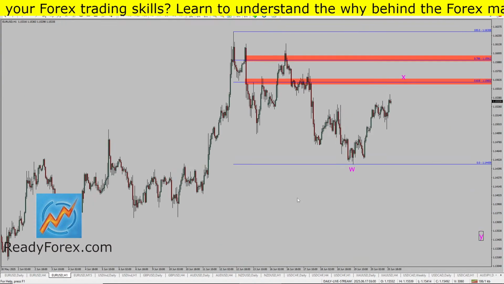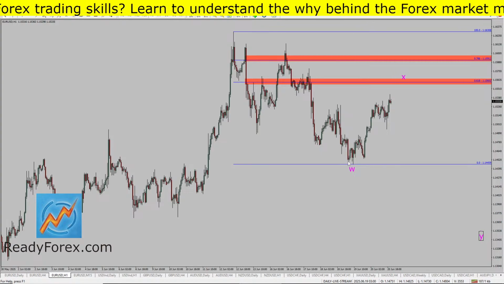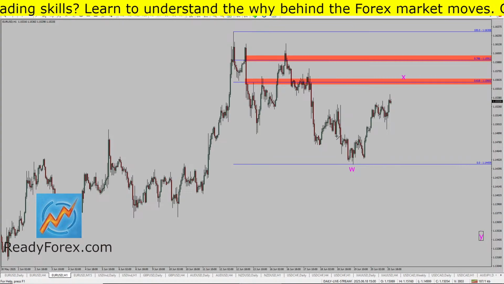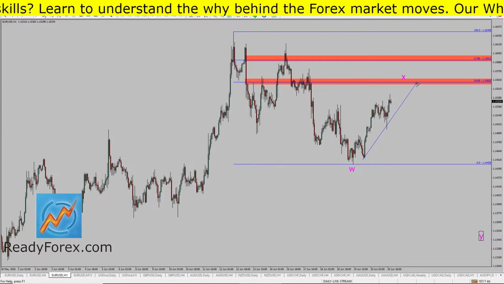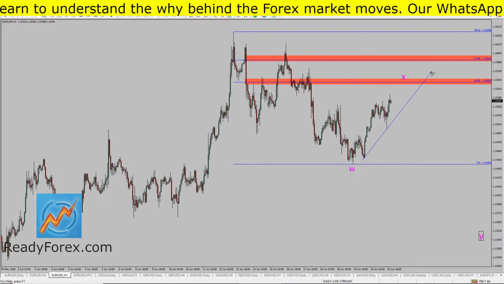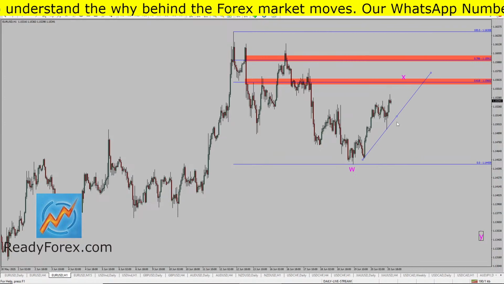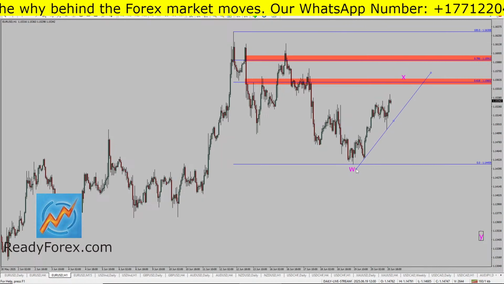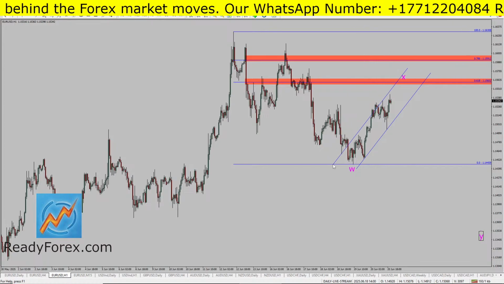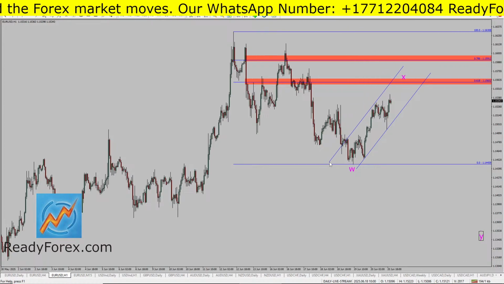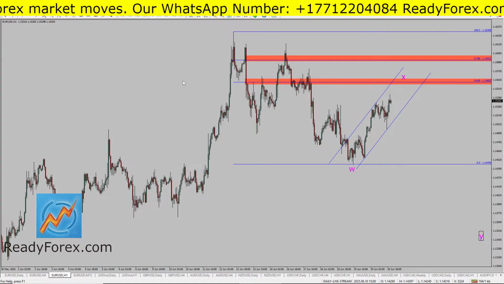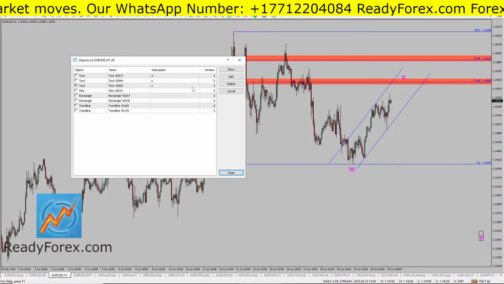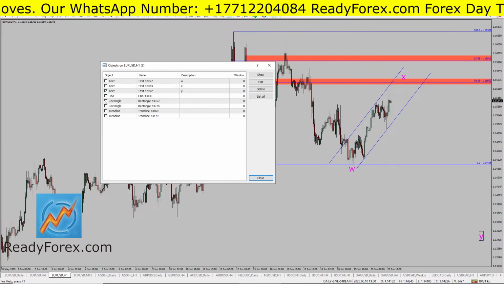So the way I see this is most likely going to be a trend channel over here. Sometimes the market actually misses the 0.5 Fibonacci retracement level, and sometimes it gets to 50%. What do I mean by that? Right click, go to the objects list.